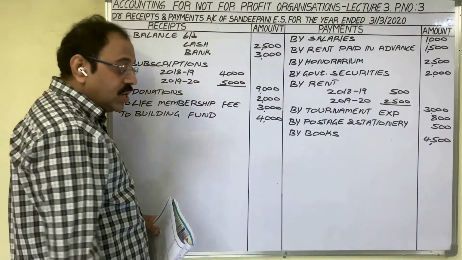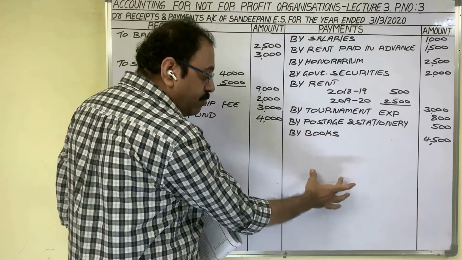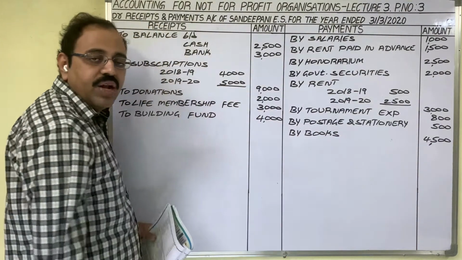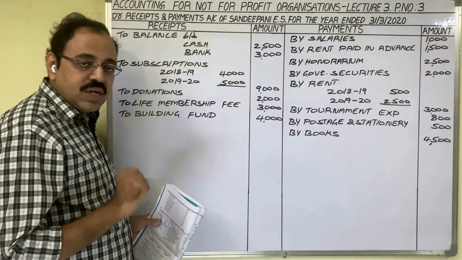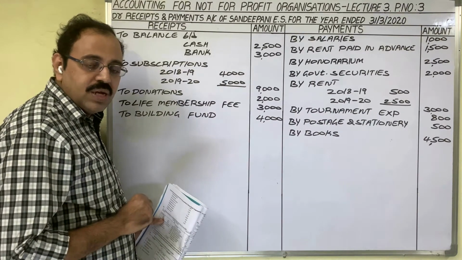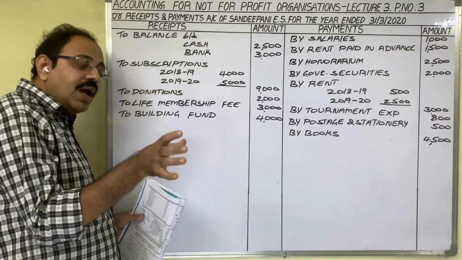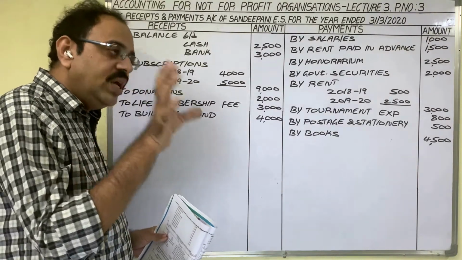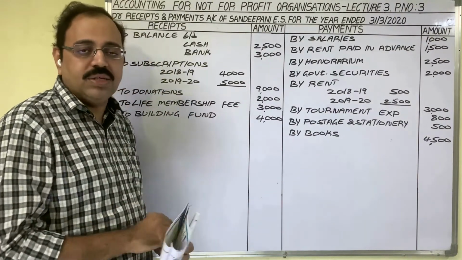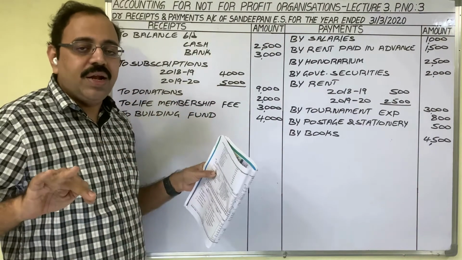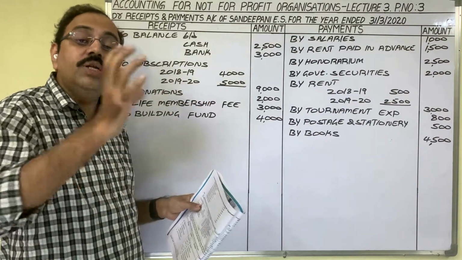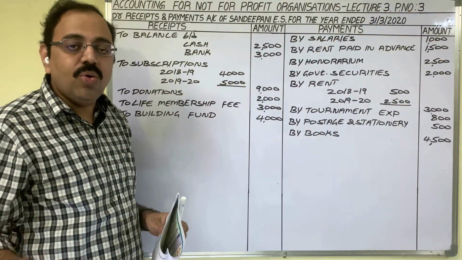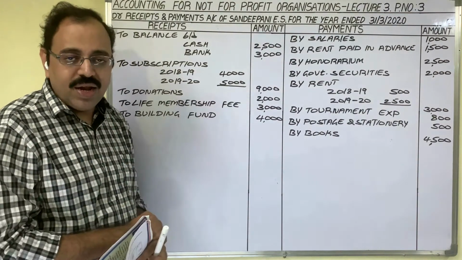But here, closing cash balance and closing bank balance, both are not given. Separately you cannot calculate, so only one amount comes. Our assumption is that in that amount only we have the closing cash balance and closing bank balance. We cannot tell separately how much cash balance and how much bank balance we have. So only one amount we are going to calculate.